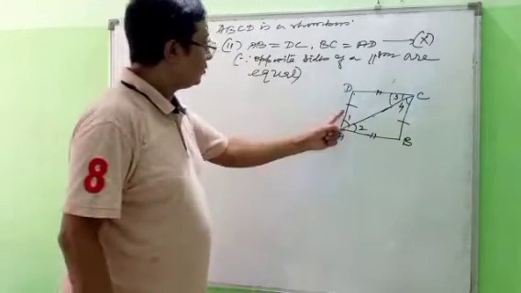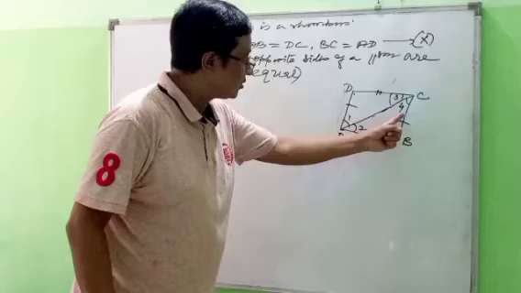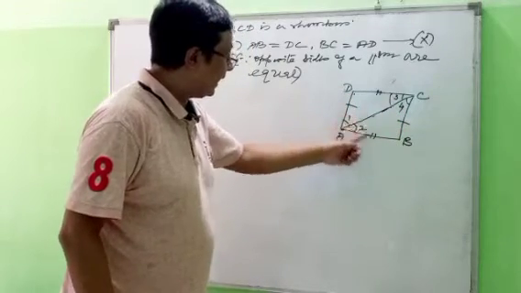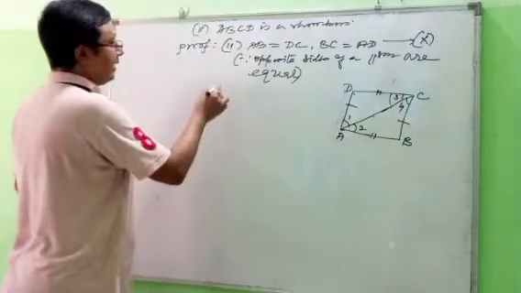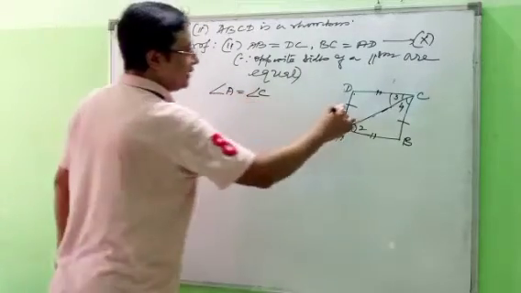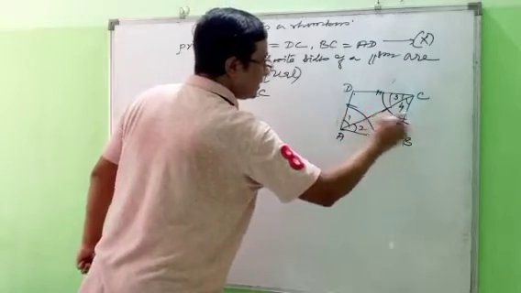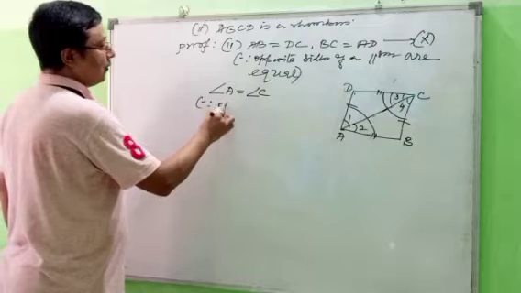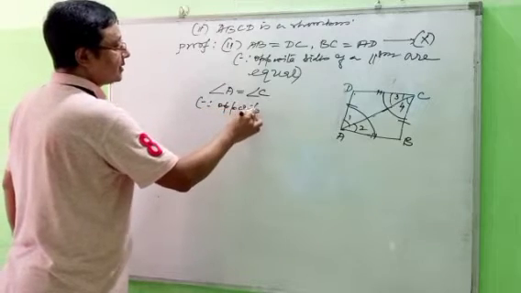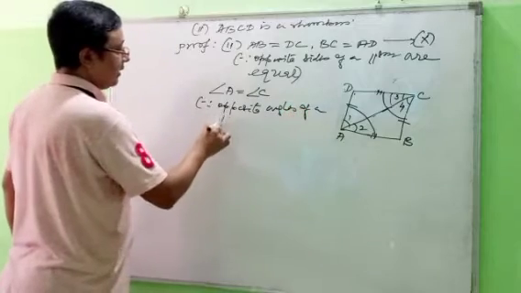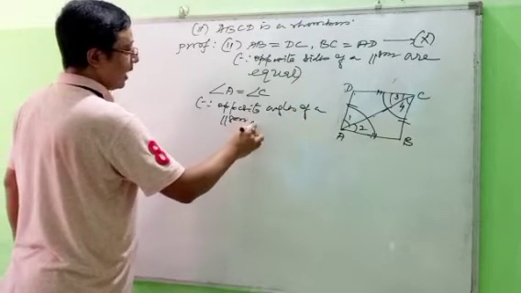So here you take angle A equals angle C, or B equals D. So we will take A and C. So angle A equals angle C, since opposite angles of a parallelogram are equal.